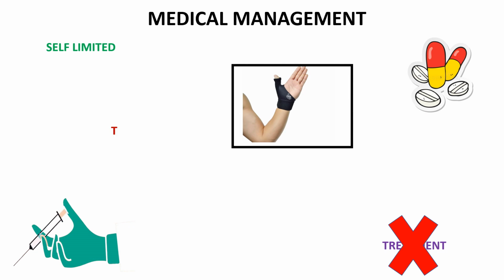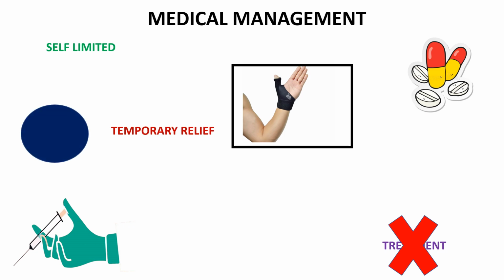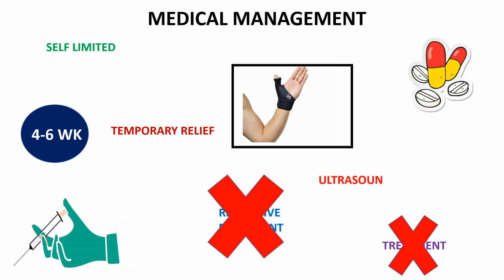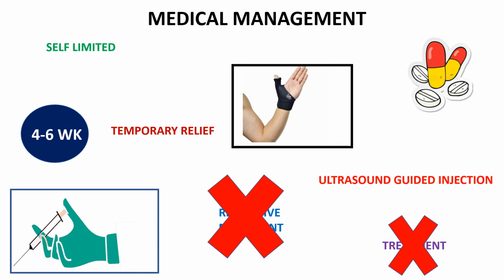The thumb spica splint may offer patients temporary relief, and some clinicians think it should be used continuously for 4 to 6 weeks, while others recommend it should be worn when needed. Repetitive aggravating movements should be avoided, and ultrasound guided injections targeting the extensor pollicis brevis with septation are more effective than manual injection methods.